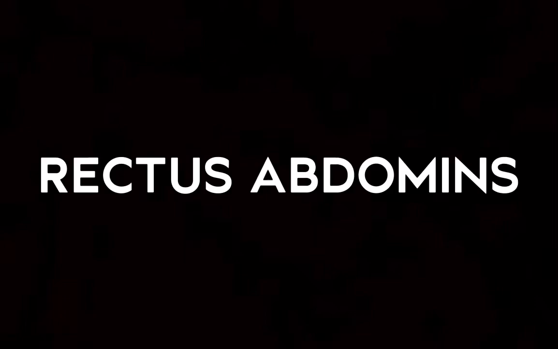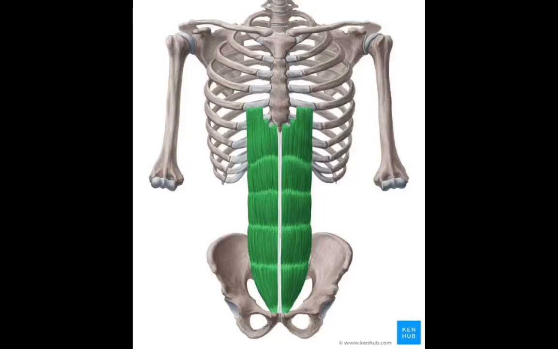Now the rectus abdominis muscle, this is a long strap muscle which is wider above and narrow below, and the origin of this muscle, if you see, it arises from two heads. From below it arises. One is the medial head, which arises from the anterior surface of the pubic symphysis, and the lateral head, which arises from the lateral part of the pubic crest and the pubic tubercle.